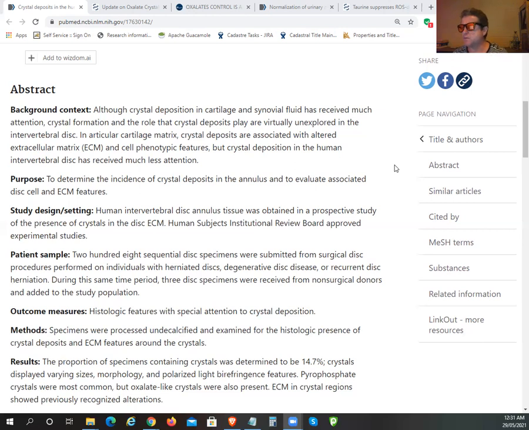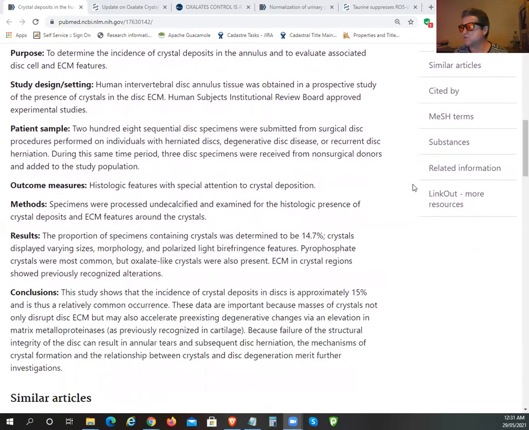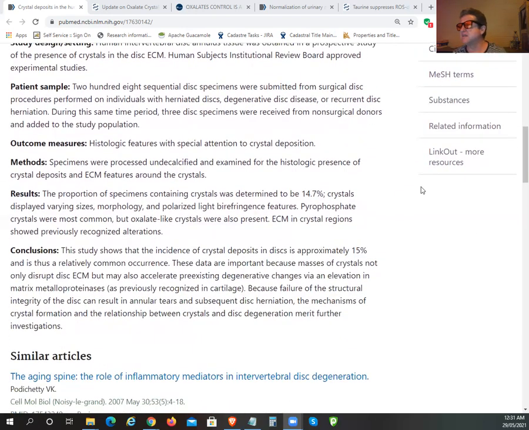The proportion of specimens containing crystals was determined to be 40.7%, crystals displaying varying size, morphology, polarization light, birefringence features. Pyrophosphate crystals were most common, but oxalate-like crystals were also present. ECM in crystal regions showed previously recognized alterations.